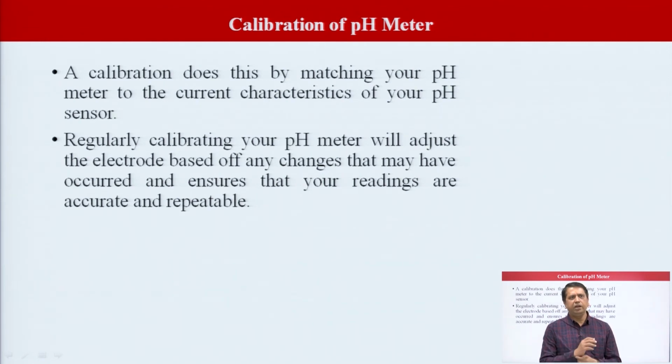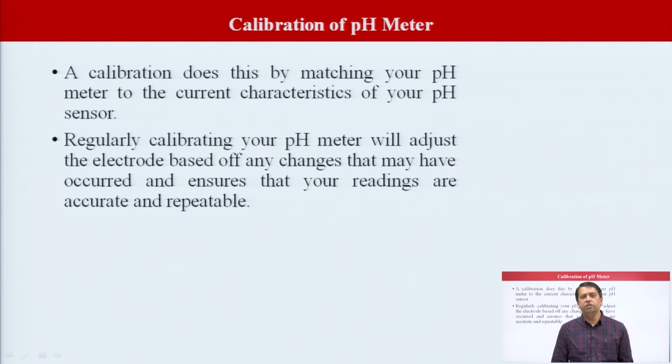So, regularly calibrating the pH meter will adjust the electrode based on any changes that may have occurred and ensures that your readings are accurate and repeatable.